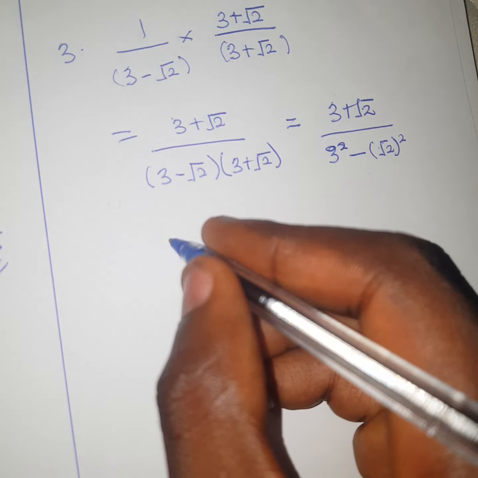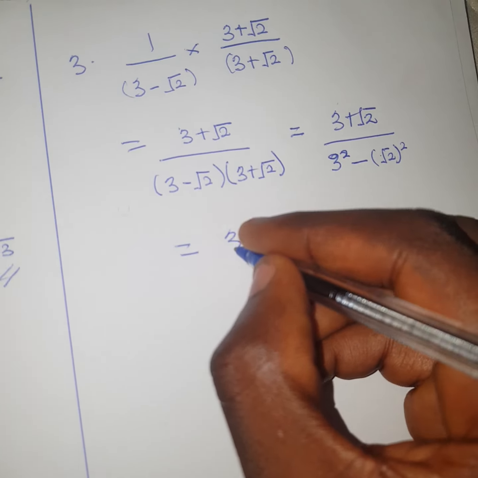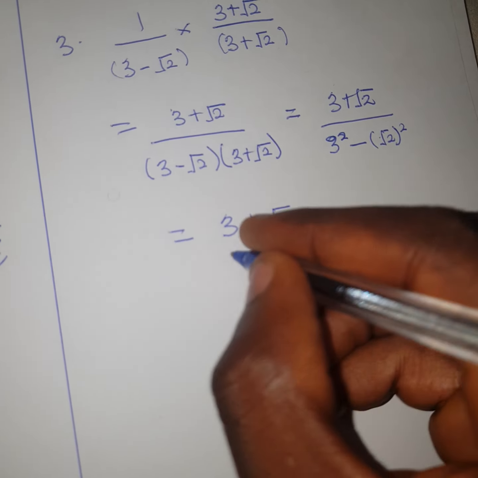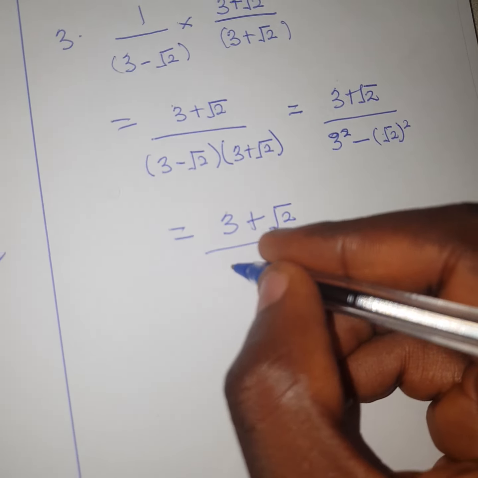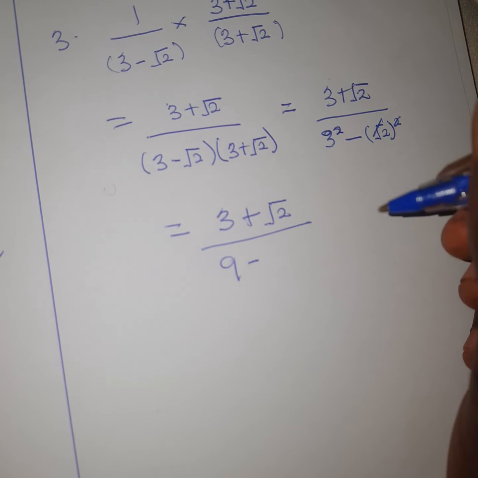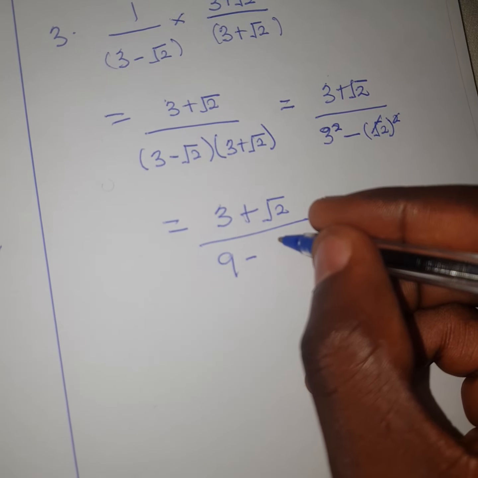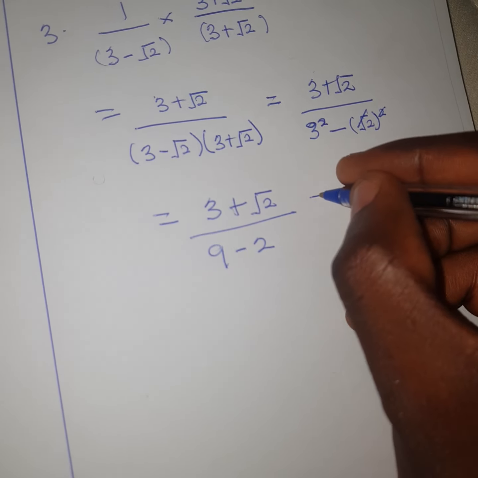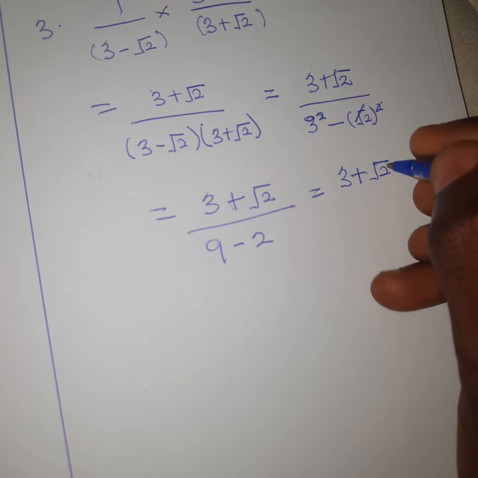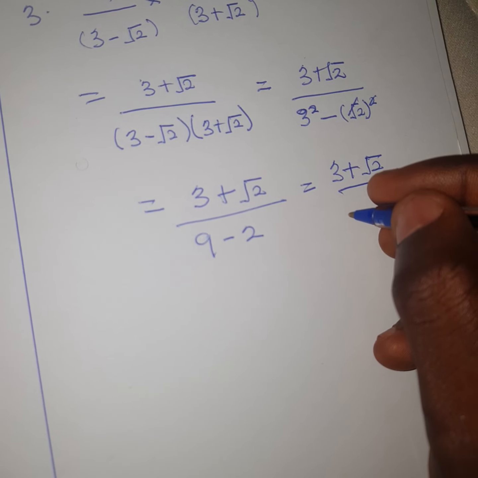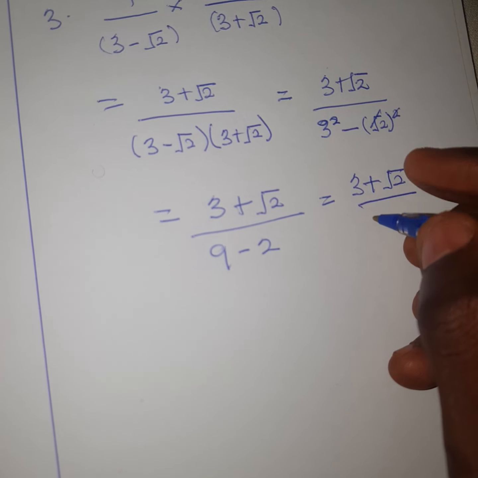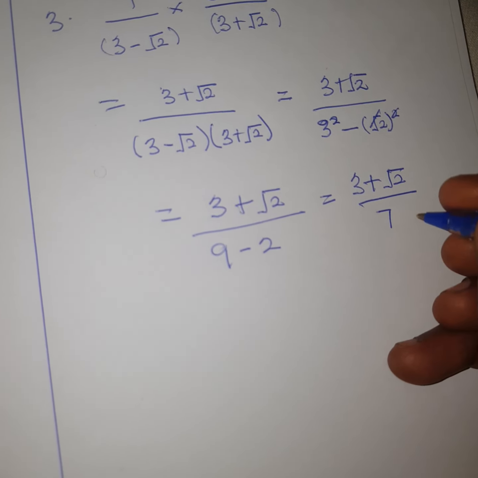So we will get 3 plus root 2 all over 9 minus this, taking away this, you get 2. This is equal to 3 plus root 2 all over 9 minus 2, which will be 7.